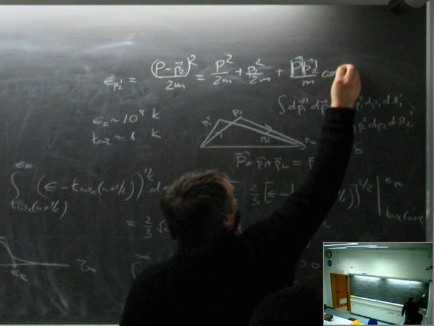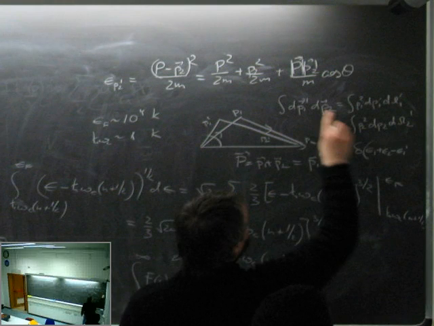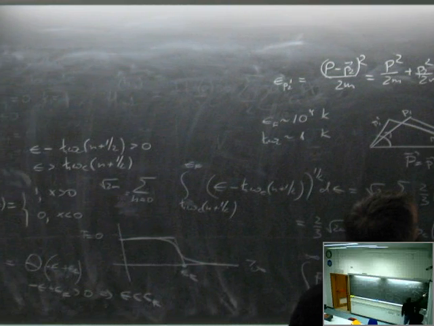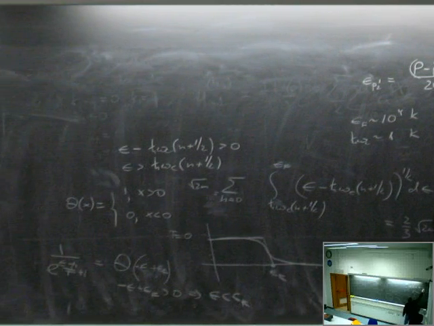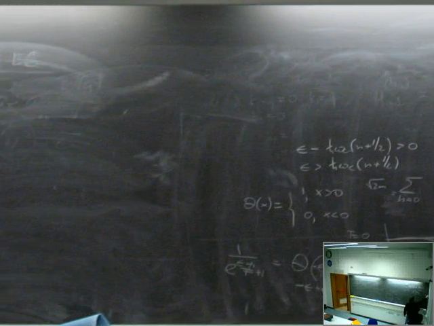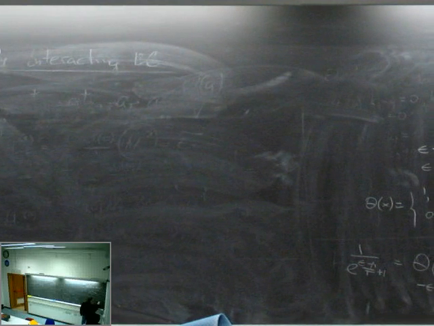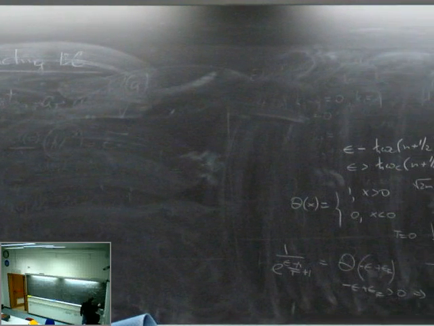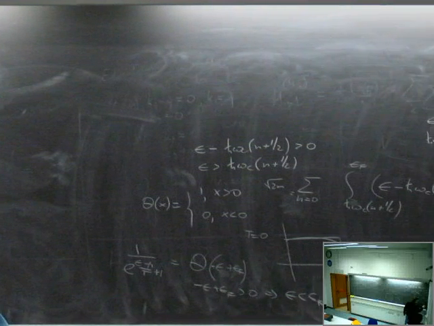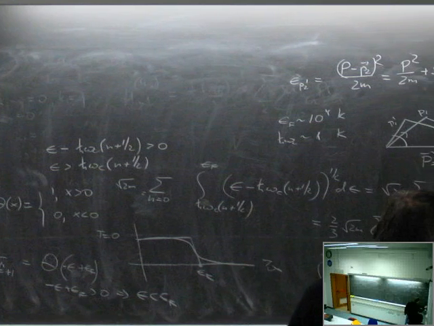In your delta function, you have E1 plus E2 minus E1 prime minus this. So this is cosine, cosine what? Cosine theta prime. D omega 2 prime is equal to sine theta 2 prime, d theta prime, d phi prime.